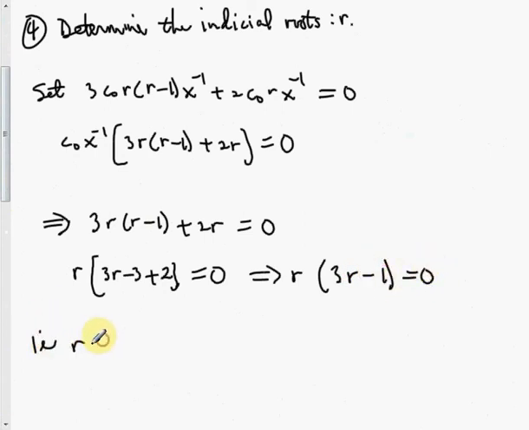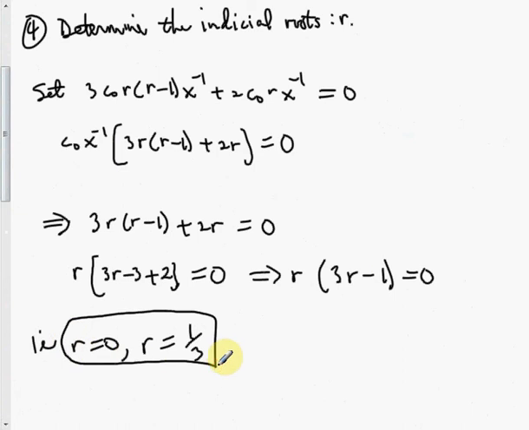So r is equal to 0 and r is equal to 1/3. When we had the summations from k equal to negative 1 to infinity, we evaluated all those terms at k equal to negative 1 and pulled them out. That part you pull out is where you determine the value for r, those indicial roots.